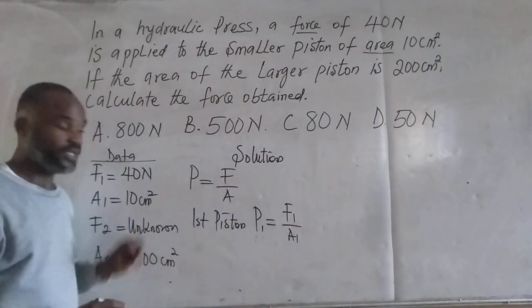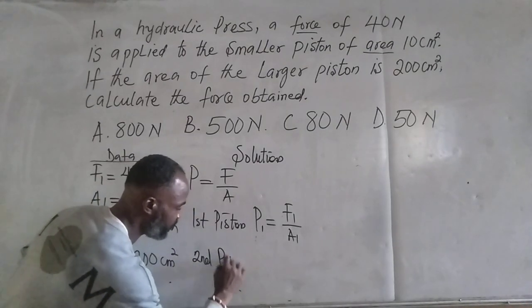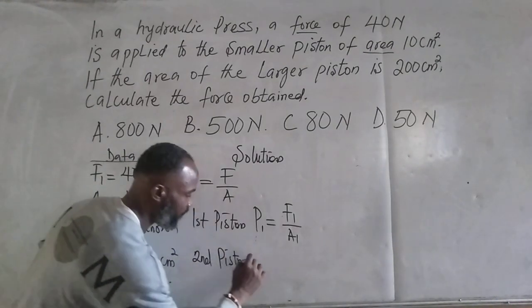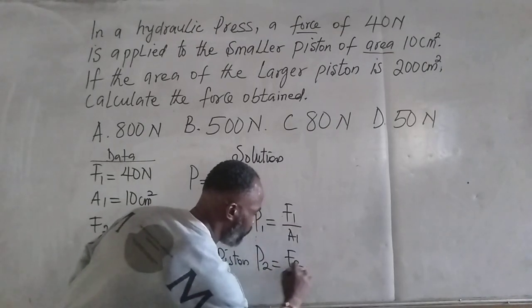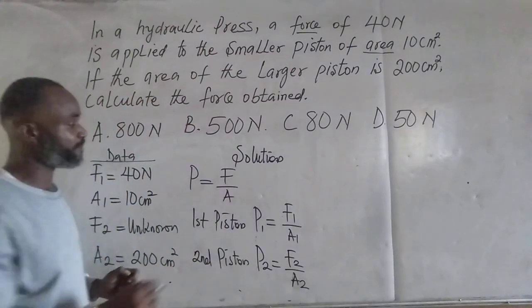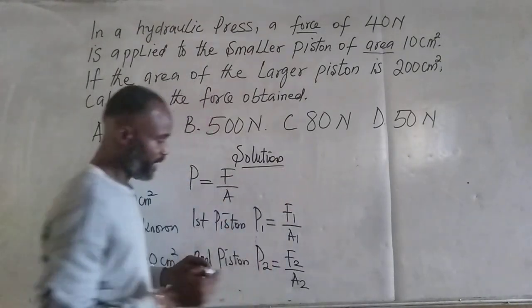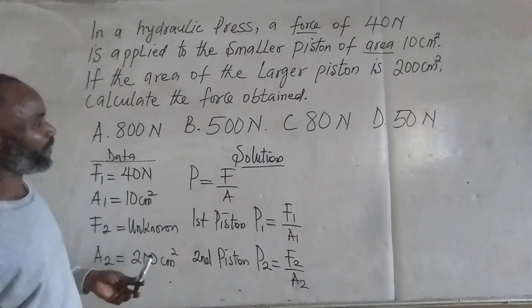Second piston, of larger area: P2 is equal to F2 all over A2. With this, we can now substitute where necessary and find what we're looking for.